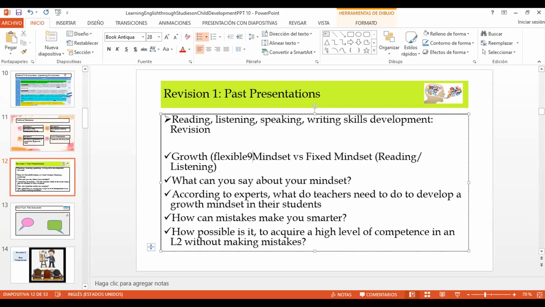What does it mean? How do you see mistakes or obstacles? As something negative, or just think of these two adjectives, negative or positive? What do you think? And this is not flexible, yeah? The opposite.